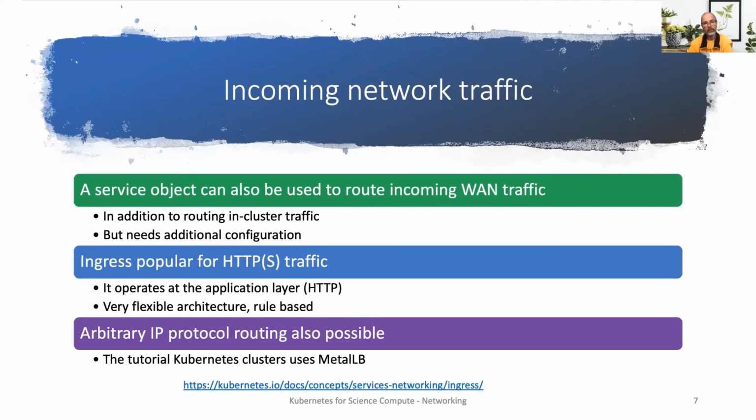And we have MetalLB in our cluster, but that's a more advanced topic. I just want you to be aware of it, but we will not go into any detail about it.